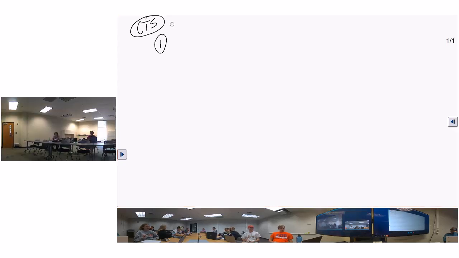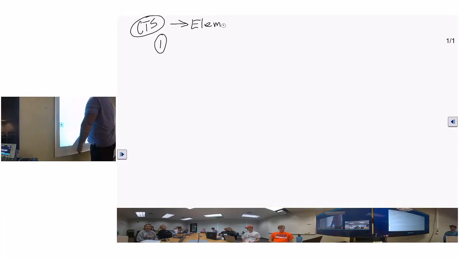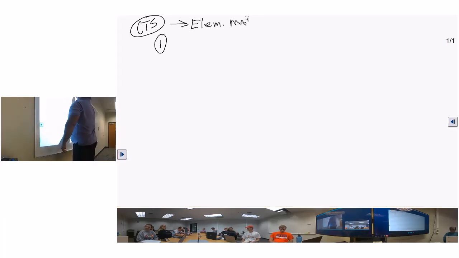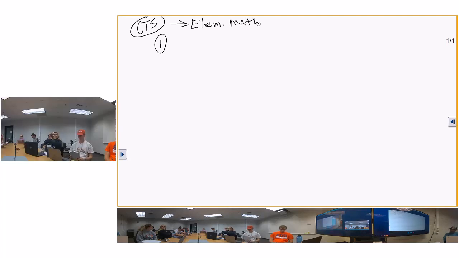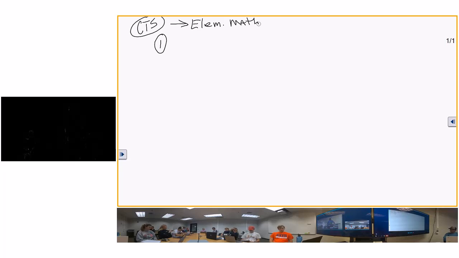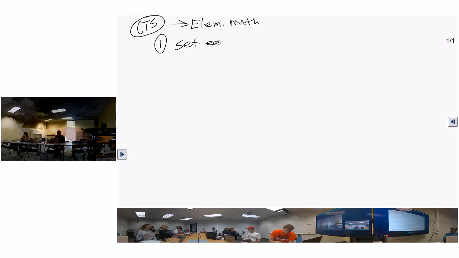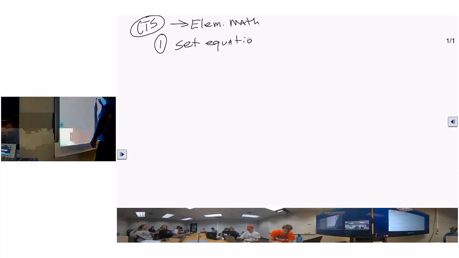All right. So the number one thing, we use completing the square because it uses elementary math. That's very elementary. The only thing that's not elementary in completing the square is the shortcuts, and y'all know the shortcuts because we reviewed it. The first thing you do is you set your equation equal to 0.